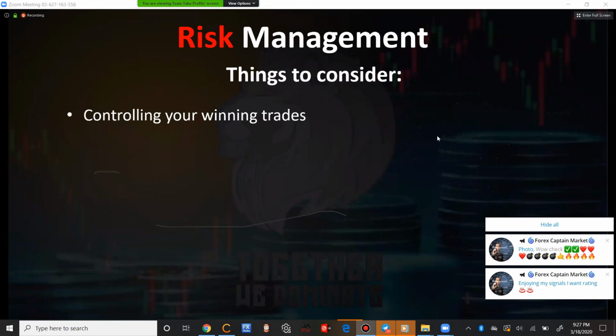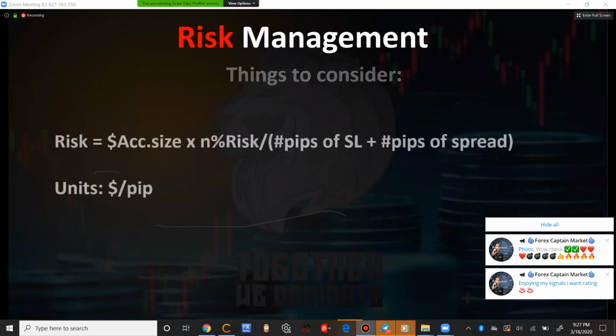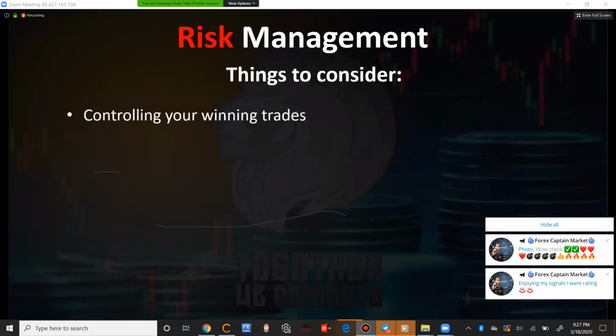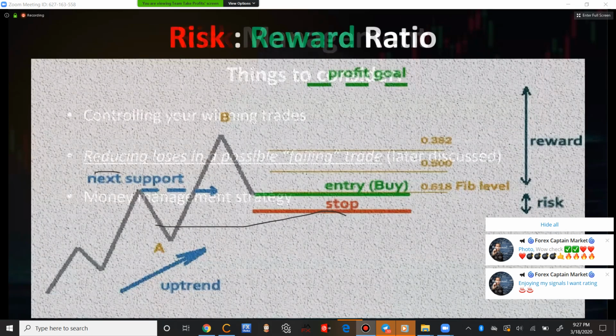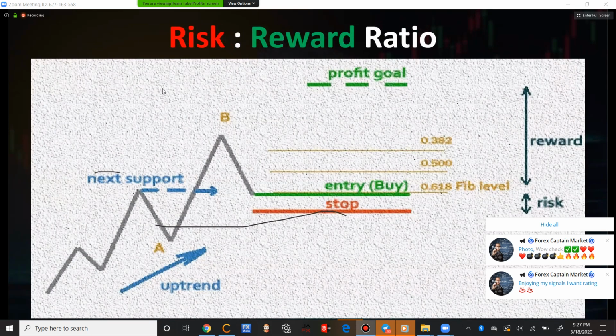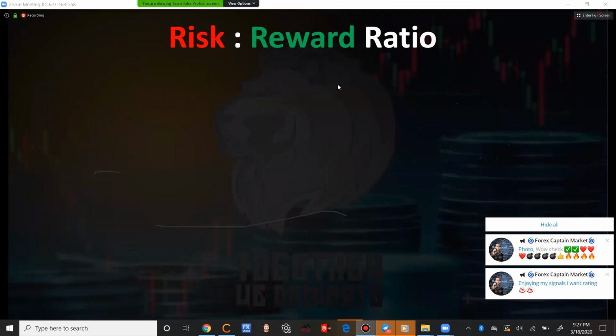Okay, so things you want to consider: this helps control the trades on your winning. It can reduce losses and possible failing trades, and it's also a basis to a money management strategy. The basic one is the risk reward ratio.